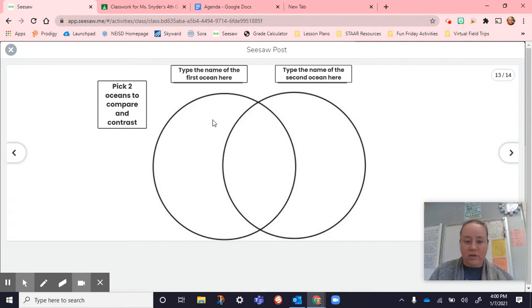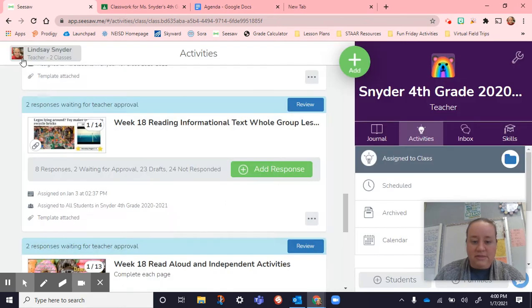When you're comparing things, you can use a Venn diagram. You put the first thing you're comparing on the left, the second thing on the right. Things that they have in common go in the middle. And if it's specific just to that one thing, you put it on the outside. So we did that with the oceans and talked about what they have in common and how they differ.